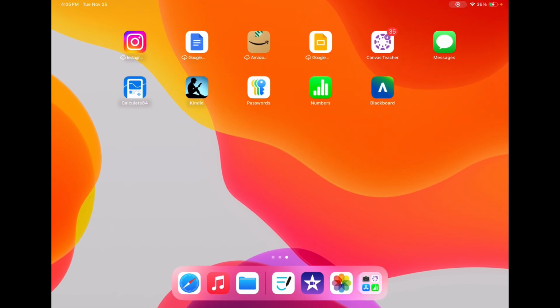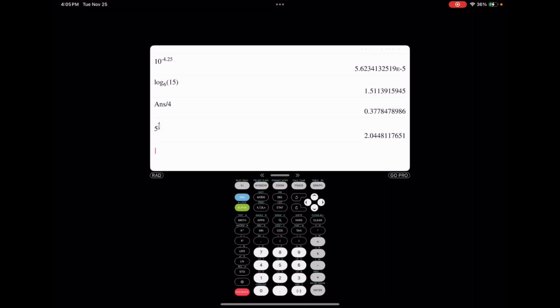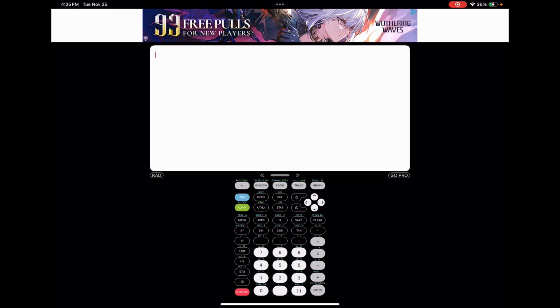So remember, this is an emulator. All right, so I'm going to do my fraction. Then I'm going to do log and fraction again. 64 over 50. And then do log 1.01875.